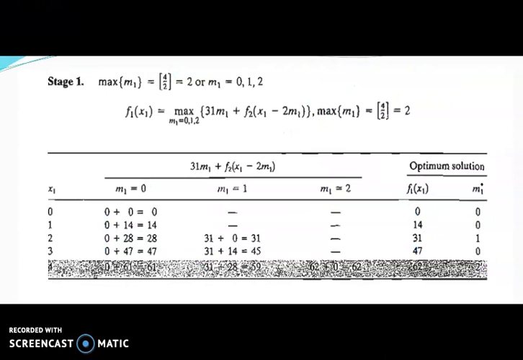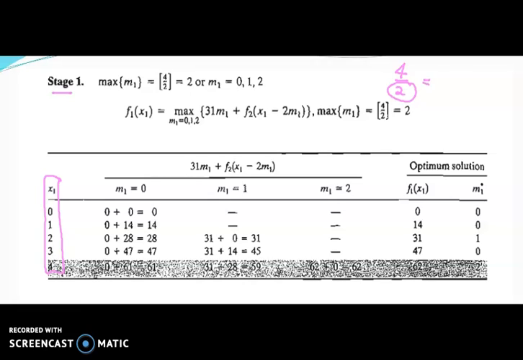Then for stage 1, again the state should be the same. The total weight is either 0, 1, 2, 3 or 4. And then for the alternatives, remember we have 4 as the total, and you have to divide by 2. 2 here is the weight of item 1.